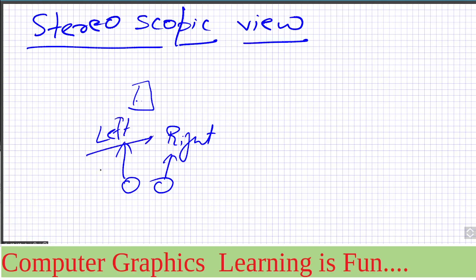By combining these two pieces of information, you form in your mind how it looks. So the information from two eyes gives us the view as well as the depth information.